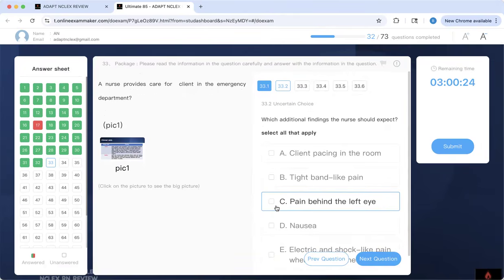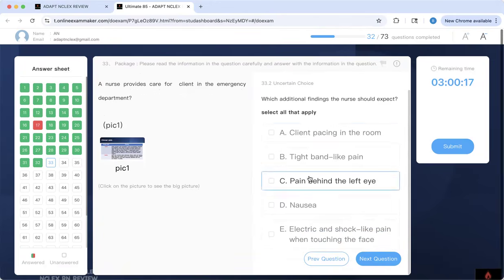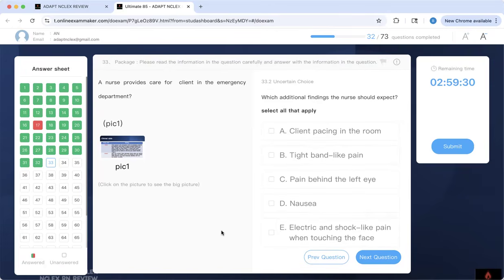Which additional finding should the nurse expect? Okay, select all that apply. If I think this is a cluster headache, what should I expect? The client will be pacing in the room. There will be a tight band pain. The pain behind the eyes, right? Nausea, electric shock-like pain when touching my face. What do you think?